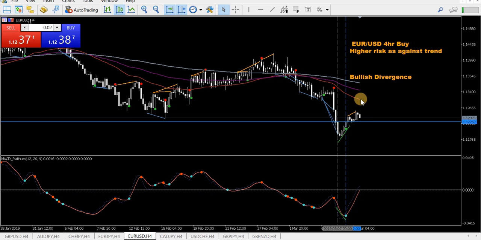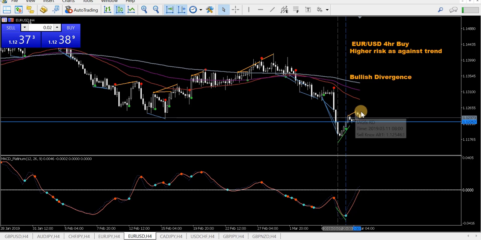Euro USD, I'm probably out of this one, took the buy here, and we had this bearish JAGfx here, the orange trend line, and with the MACD platinum close to 0 level. What I would have done here, I'd normally been positioned where I could probably halve it.